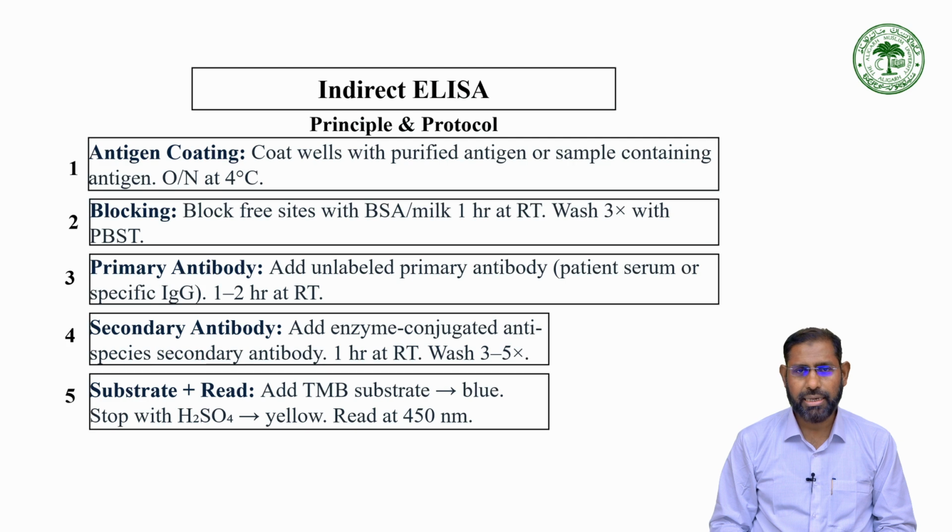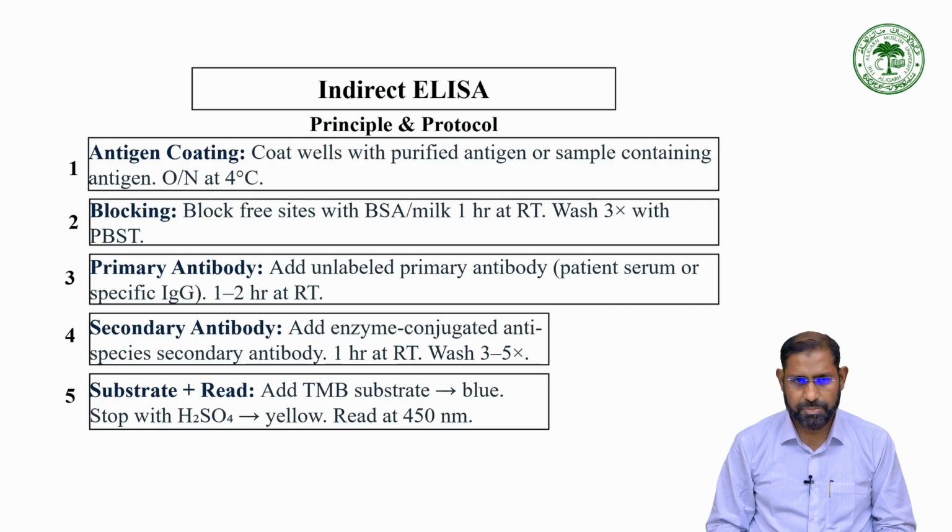Now the indirect ELISA principle and protocol. First, antigen coating: coat wells with purified antigen or sample containing antigen overnight at 4 degrees. Block free sites with BSA or milk for 1 hour at room temperature and wash 3 times with PBST.